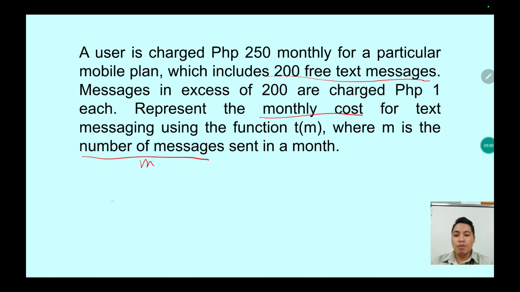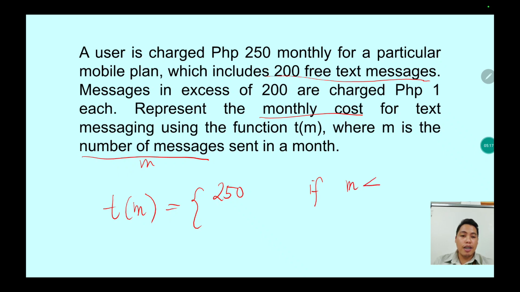So if we represent that, the total cost as a function of the number of messages is equal to 250 pesos if the messages is less than or equal to 200. That will be the condition. If you use messages less than or equal to 200, you pay 250 pesos.